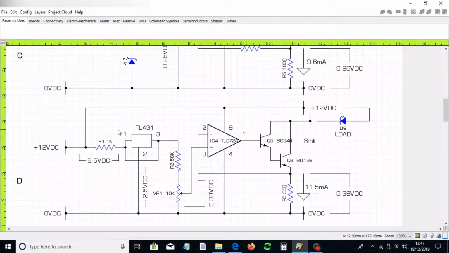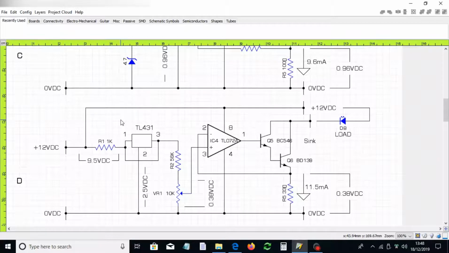That in turn changes the dissipation, the heat that's produced inside the TL431. That affects the temperature coefficient drift of the device.